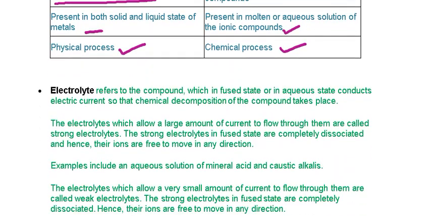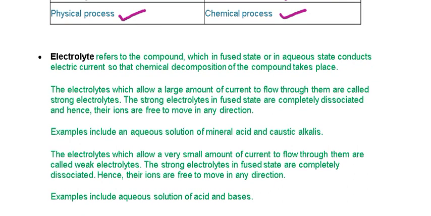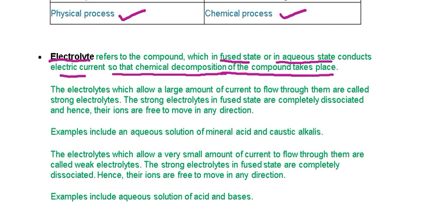Now we can see here, electrolyte. Electrolyte refers to the compound which in the fused state or in aqueous state conducts electric current so that chemical decomposition of the compound takes place.